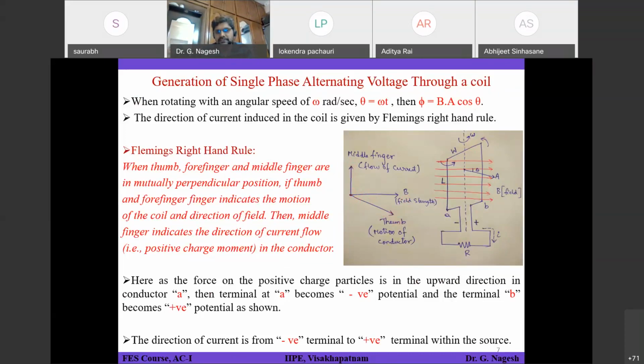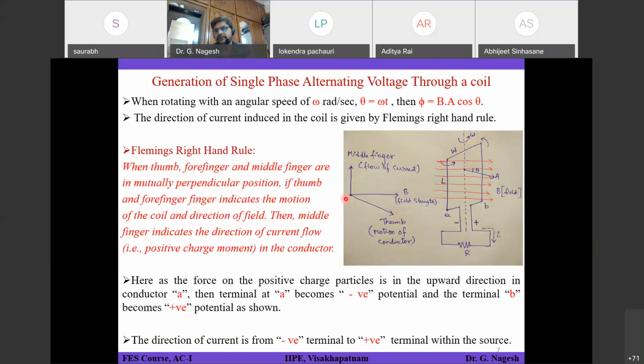In that position, your forefinger indicates the flux B, and your thumb indicates the direction of rotation of the coil which you have chosen. Here, the coil is rotating in the anti-clockwise direction.